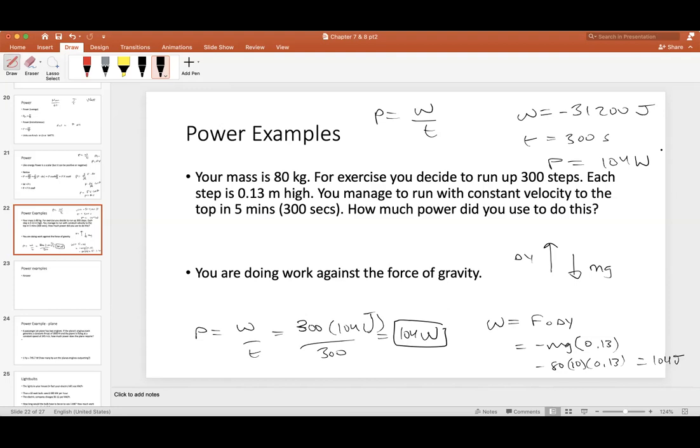So basically, the power you used running would have lit a 100-watt light bulb for an hour. That's how much power you expended to get up those 300 steps in 5 minutes. You would have lit a 100-watt light bulb for an hour.